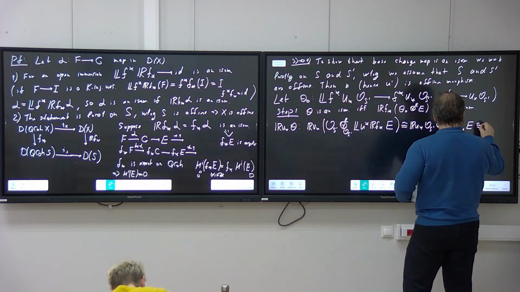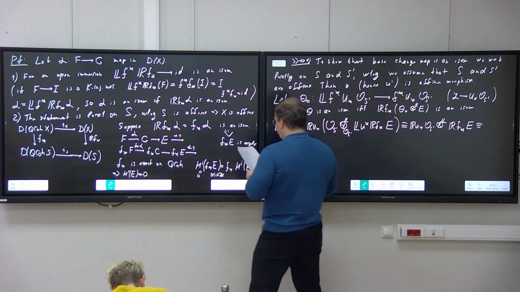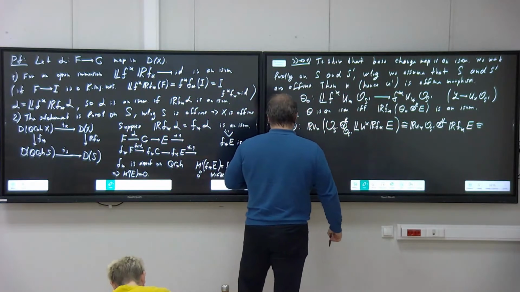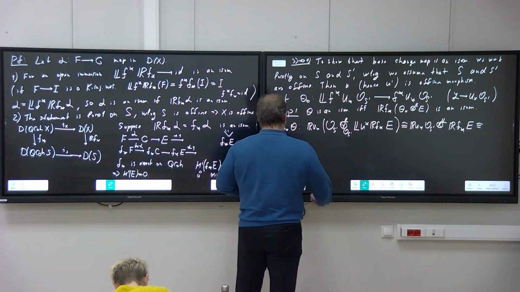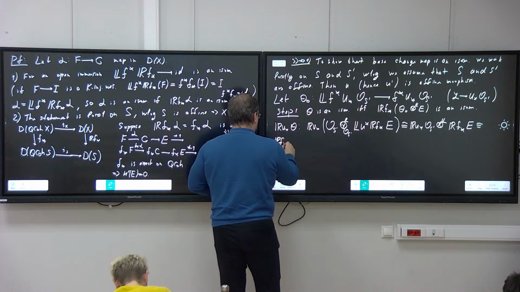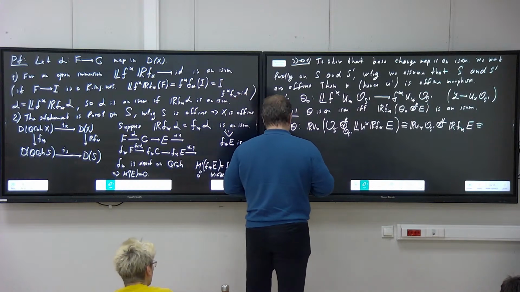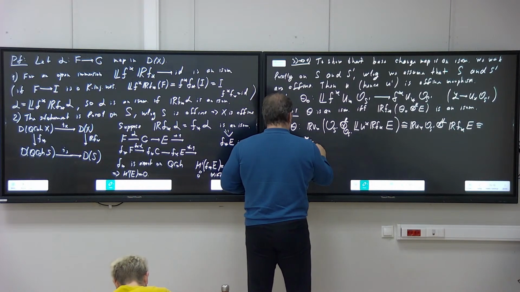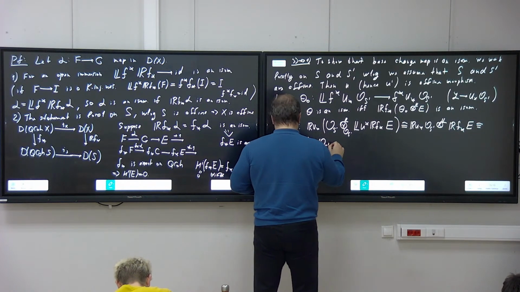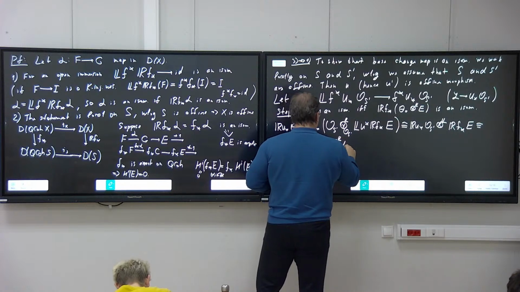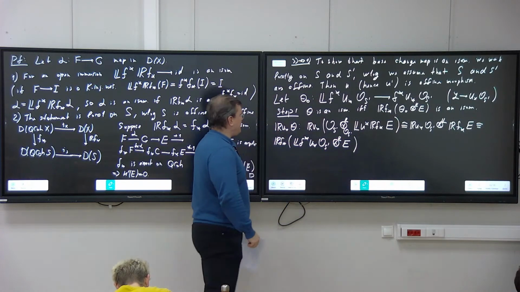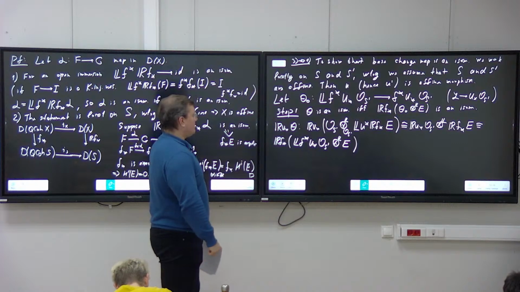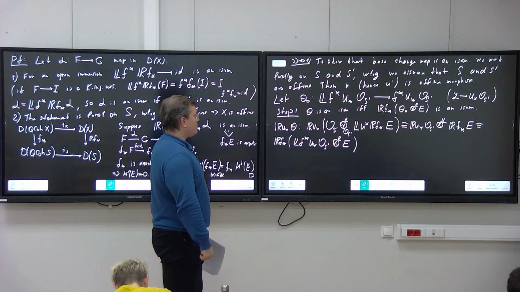Then there is another way to simplify this, with another projection formula. This will be R F lower star applied to the following tensor product: L F upper star U lower star O S prime tensor product with the E. That's just another application of the derived projection formula.